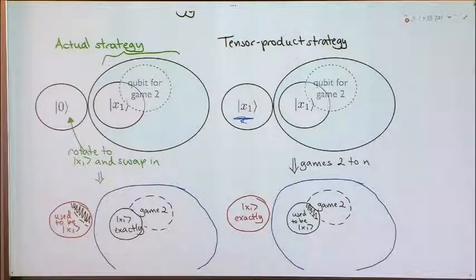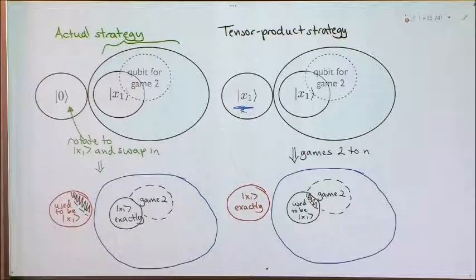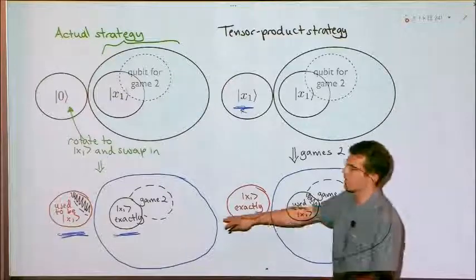Whereas in the actual strategy, games 2 through n mess up this first qubit. This is the qubit that's used in game 1. And then you apply the isometry. It swaps that out to here, and you rotate in a fresh ancilla into this position. And so we want to show that these two, the left picture and the right picture, are the same.